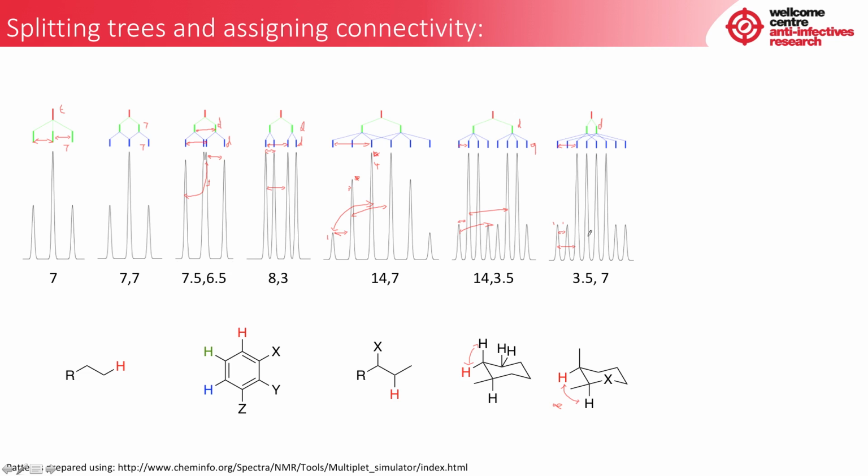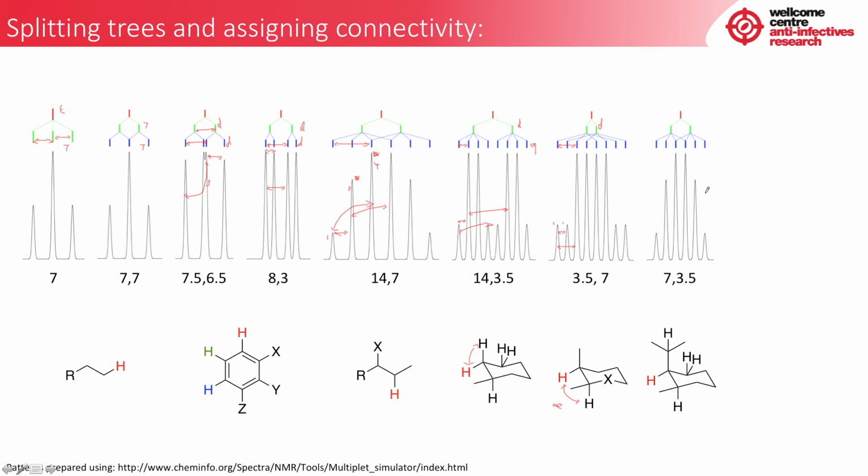Here's yet another example. This differs from the previous only in flipping whether the doublet or the quartet has the larger or smaller J value. You can see you end up with a completely different pattern, again where it's something that looks like a sextet but isn't.